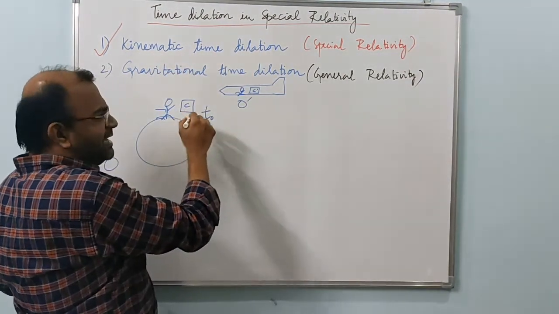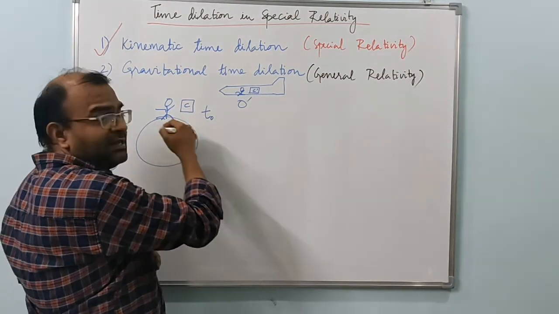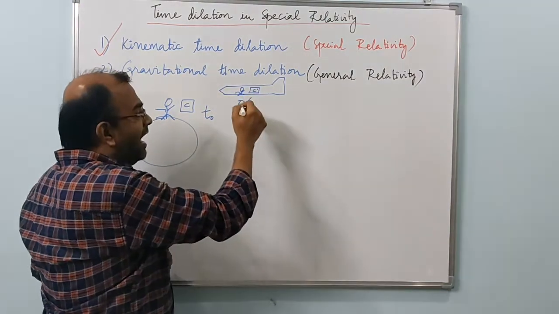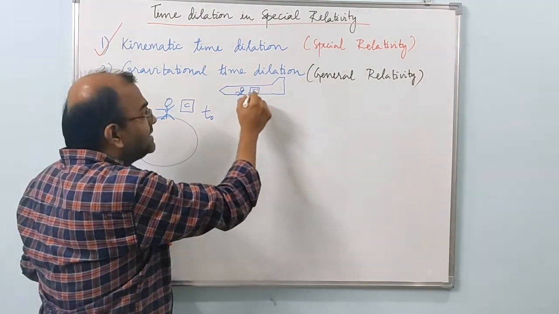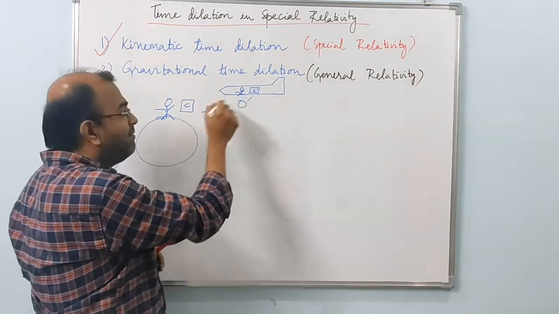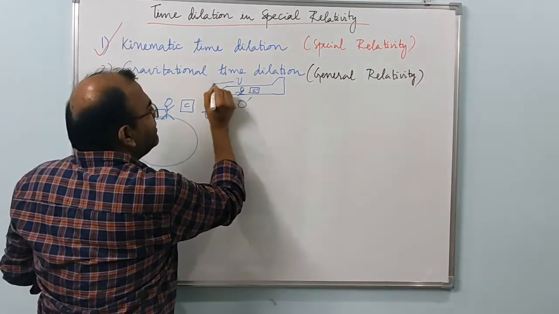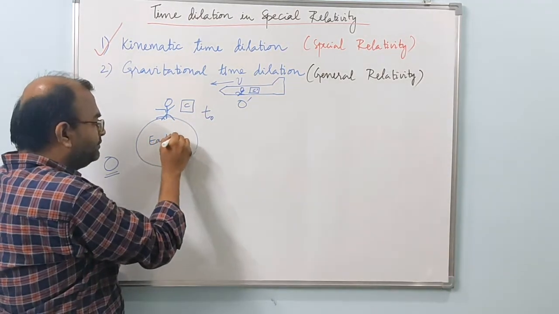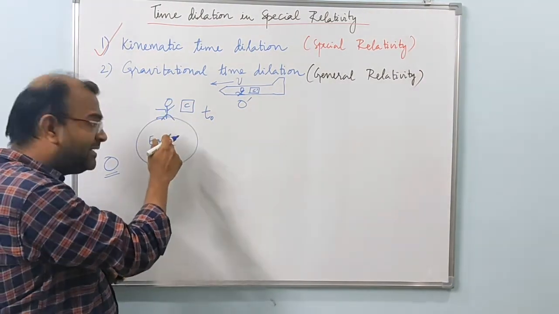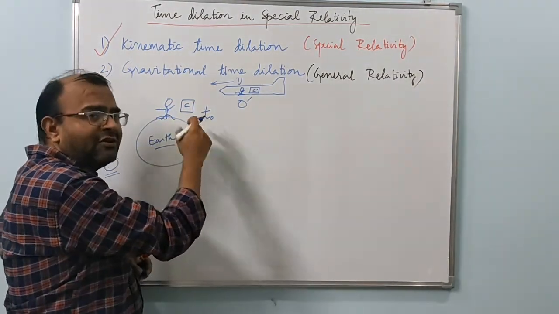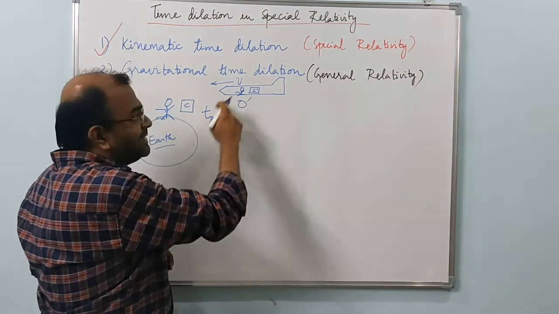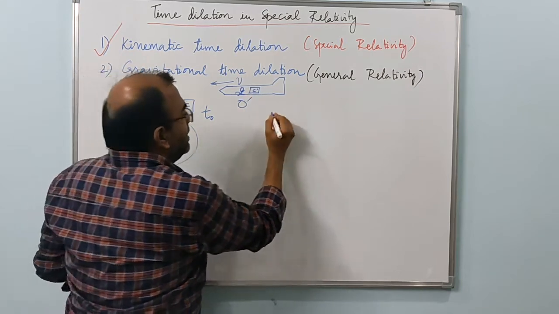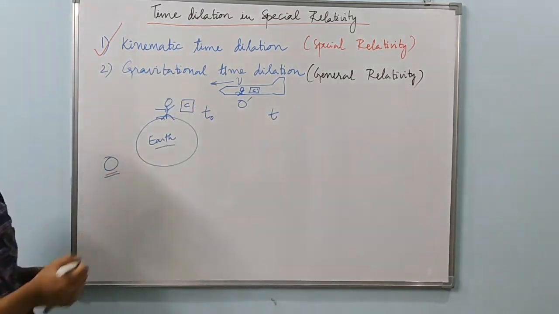The same event, observer O would measure to have taken a different time as reported by this clock C prime, carried by this person who is traveling with a velocity v with respect to this observer who is on the Earth at rest. So this Earth based observer is at rest. His clock is reporting a time T0 for a certain event. For the same event, the traveling observer, his clock would measure a time T which is different from T0.